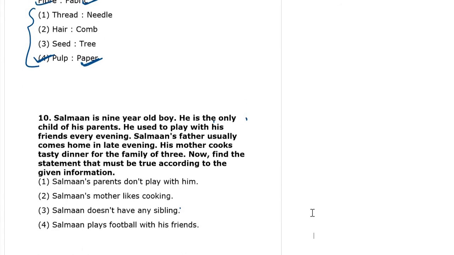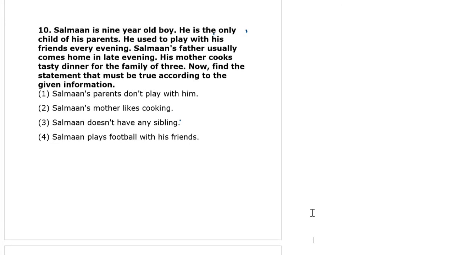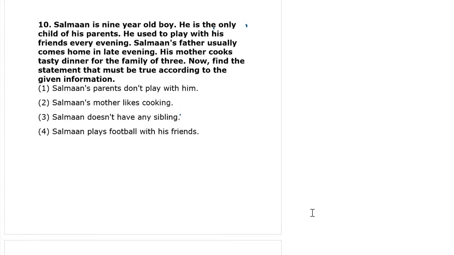And then next one, read this paragraph and give me the answer. Salman is a 9 years old boy, only one child, plays with friends usually late evening, his mother cooks tasty dinner.